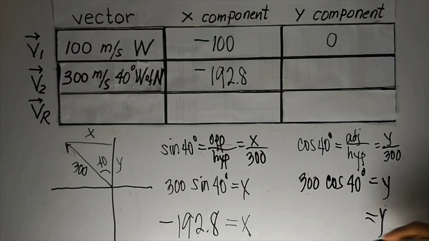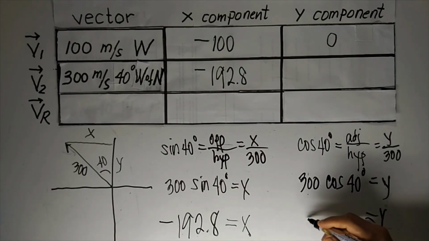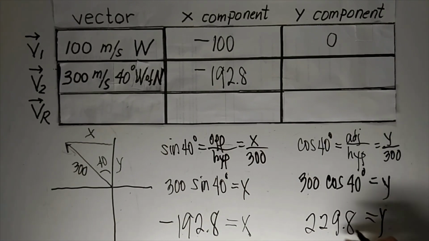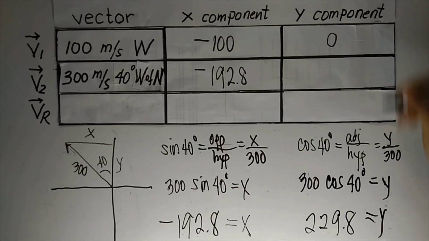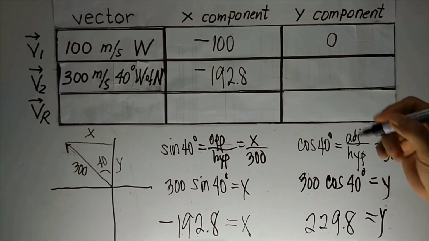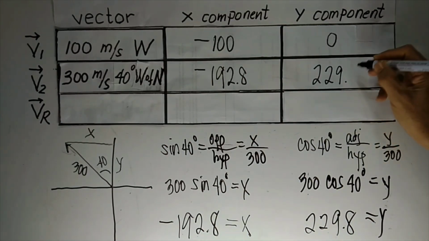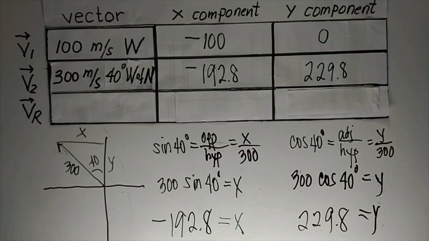So your y, therefore, using your calculator again, cosine 40 degrees times 300 will give us a value of 229.8. So this will be positive because it's going upward. So 229.8.